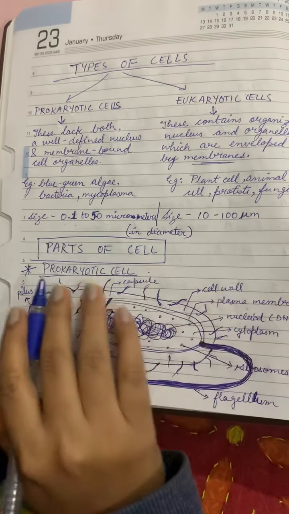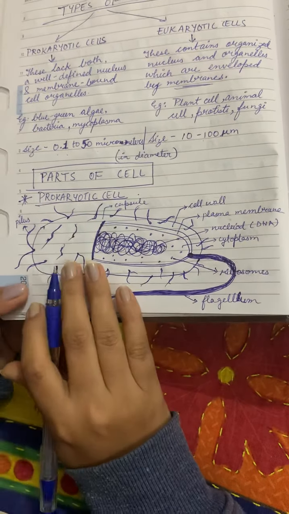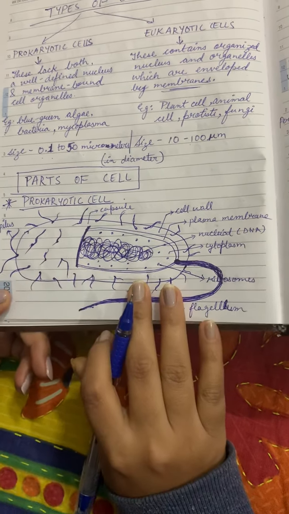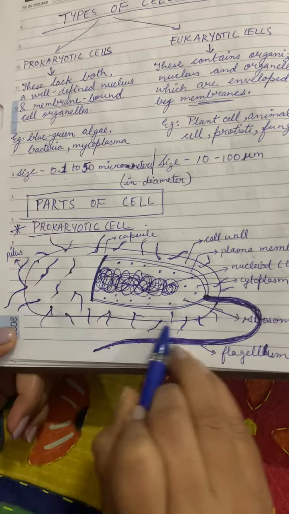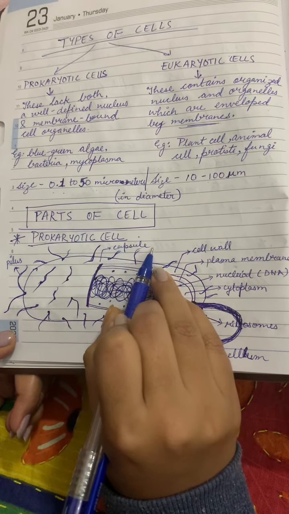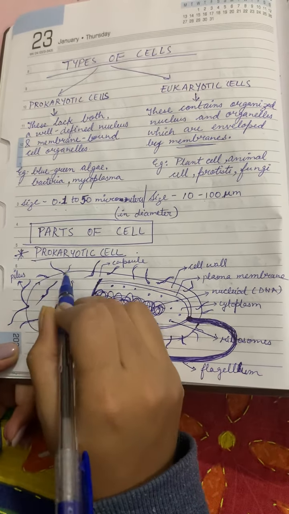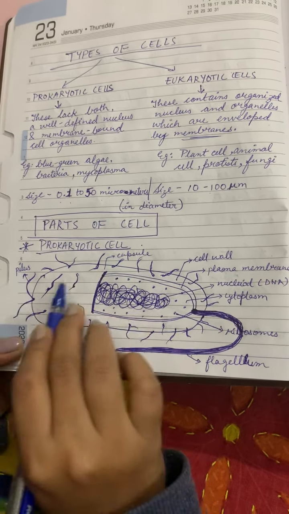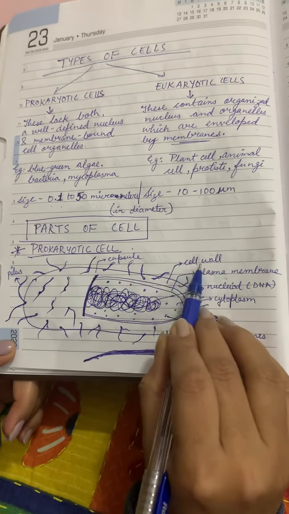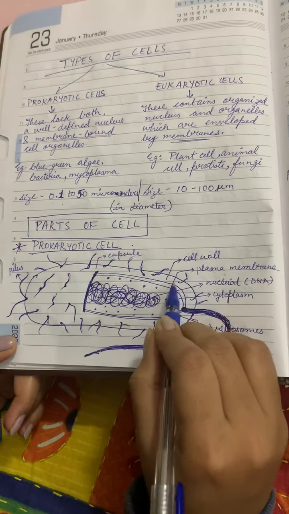Now we'll come to the parts of cell. So to understand the parts of the cell, we have to see the diagram. So first we'll see the prokaryotic cell. You can see the outer part of this full cell is known as the capsule. Okay, there's a bacterium capsule. These hair-like structures are known as pilus, and you can see the outer part is called cell wall, and the inner membrane is called plasma membrane.